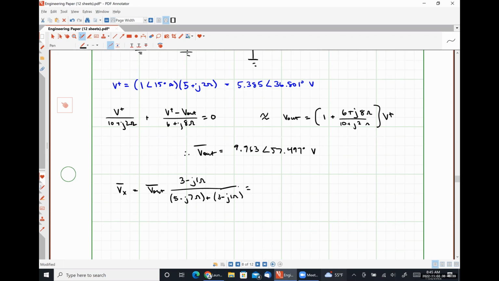And I'm going to throw that part in my calculator real quick. 3 minus 1 I over 5 minus 7 I plus 3 minus 1 I, all of that multiplied by the thing I have stored as B. Convert that to polar form. 2.785 angle 84.06 degrees volts.